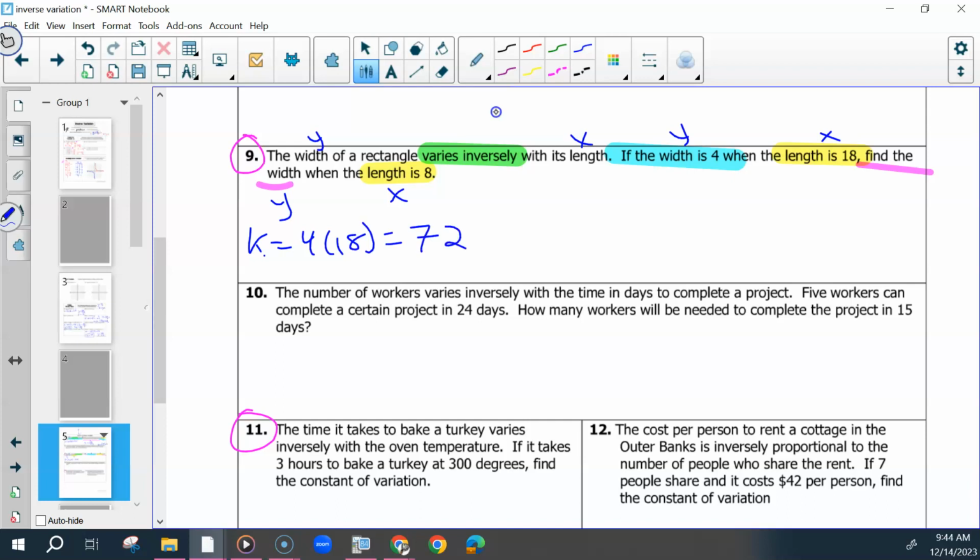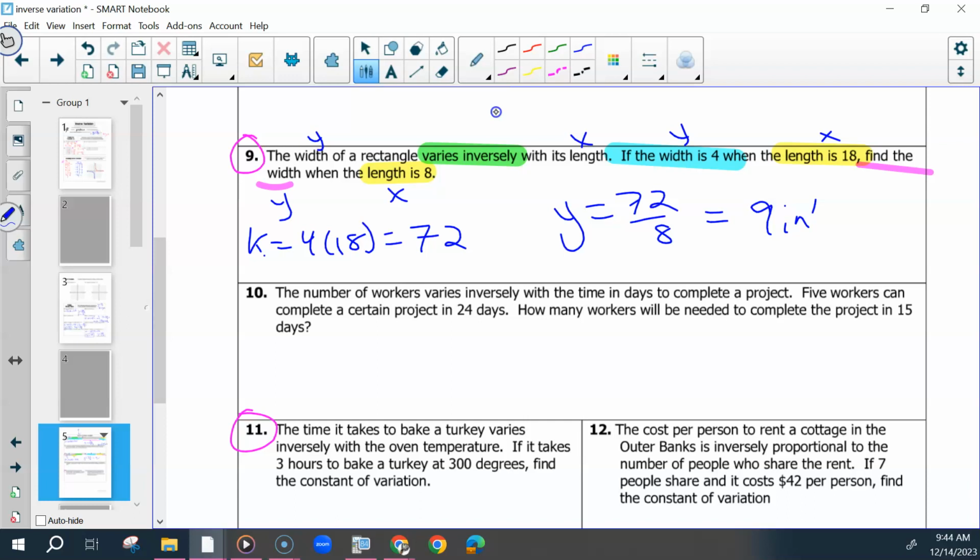And then how would we set this up? y equals 72 divided by 8, which is 9. I don't think it actually said inches, but if it did, you would put that.